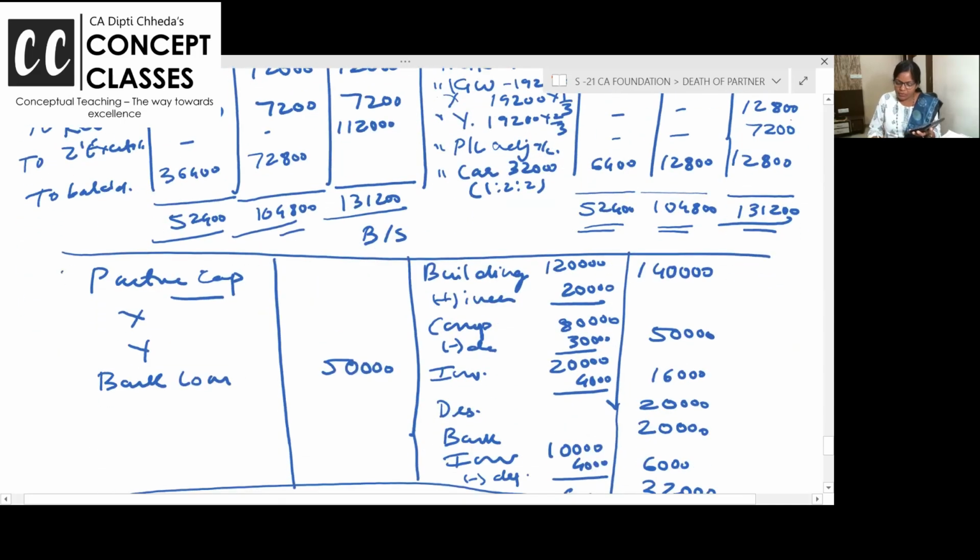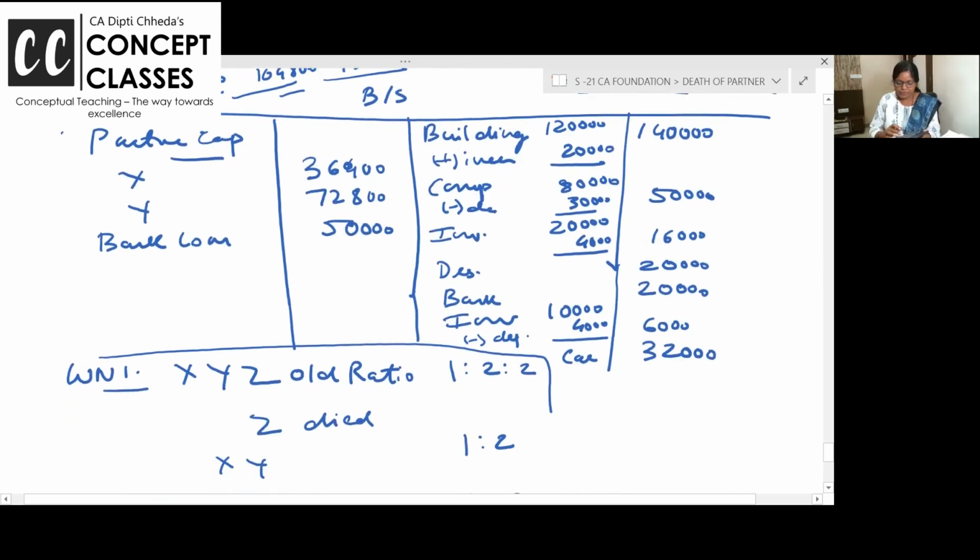So write down X's capital account 36,400, Y 72,800. 36,400 plus 72,800 plus 50,000.